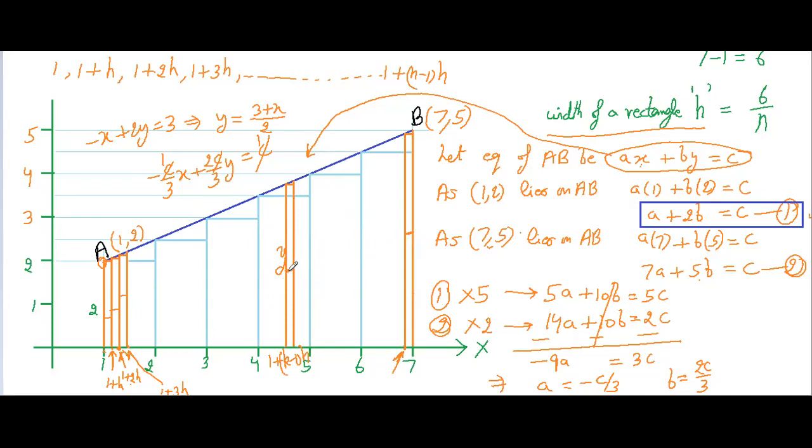So here, for the kth rectangle, x is 1 plus k minus 1 times h, and the y coordinate can be found by this formula.